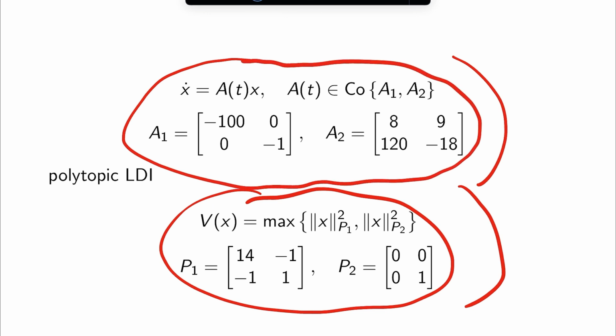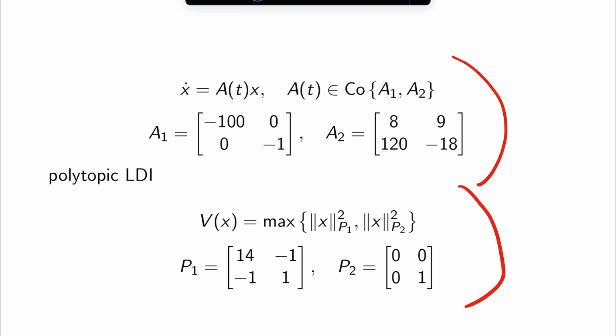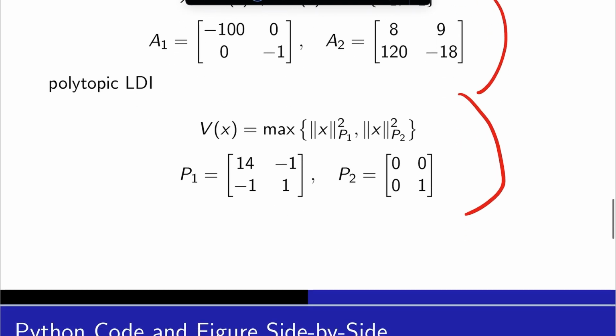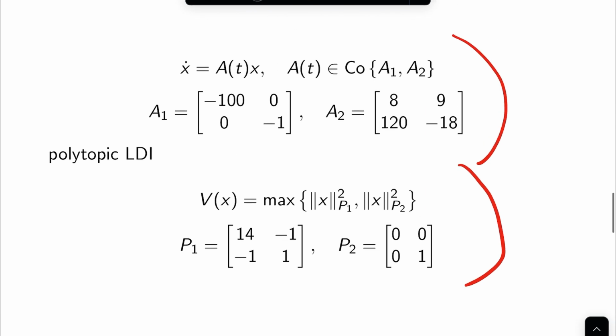In this case, not quadratic, of course, or robust, whatever, but asymptotic stability for this given dynamical system. Okay, and this is PLDI, polytopic linear differential inclusion, right? Not DEI, like DI, LDI, okay?